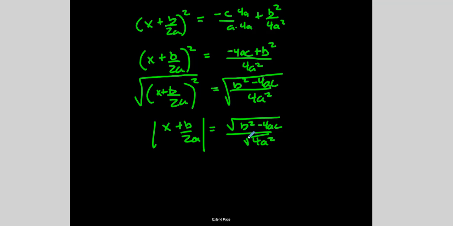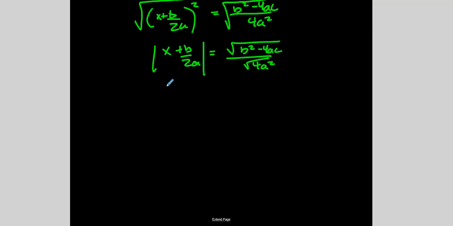Okay, so now I'm going to simplify this in a moment. So now I remove the absolute value signs, and if you remember from solving quadratics, we have to write this as plus or minus the square root of b squared minus 4ac over, I'm sorry, the square root of 4a squared.